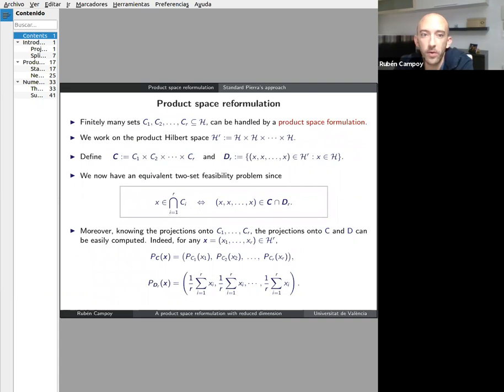As long as we know how to compute projections onto the original ones, then the projector onto C can be computed component-wise. So at each component, we project onto each of the sets. And for this subspace, we can find the projection. In this case, we just need to average all the points, and this is repeated in all the components.